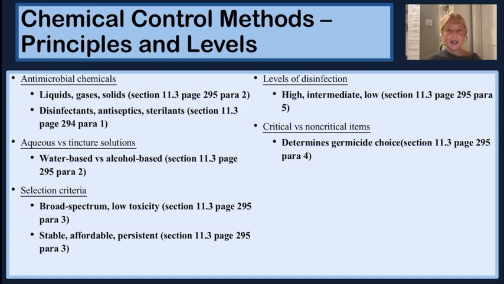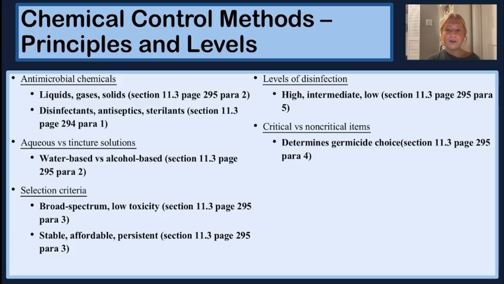So, selecting an effective germicide requires balancing factors like rapid action, broad spectrum activity, stability, and minimal toxicity. Although no single chemical meets all those criteria. Chemicals are also classified by levels of disinfection.